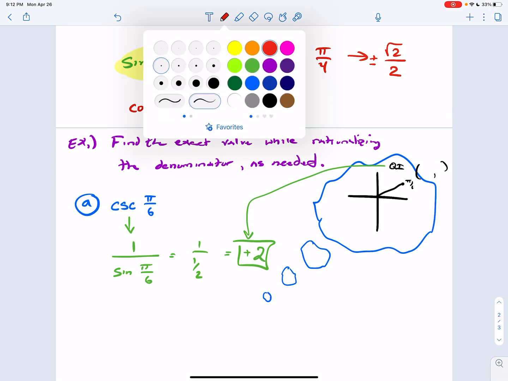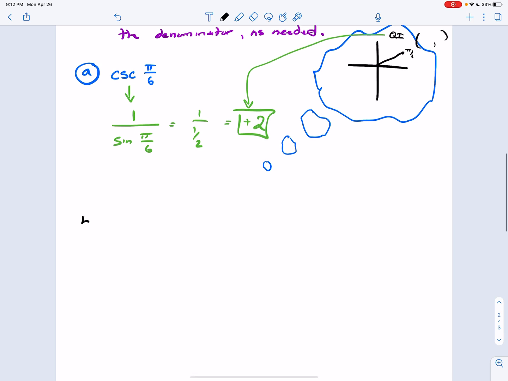Here we go. Let's go ahead and jump to part B. Let's go ahead and do cosecant of pi over 3. I actually want you to pause here and try this out on your own, and then press play when you're ready. Okay, so I know that pi over 3 is definitely somewhere in quadrant 1.